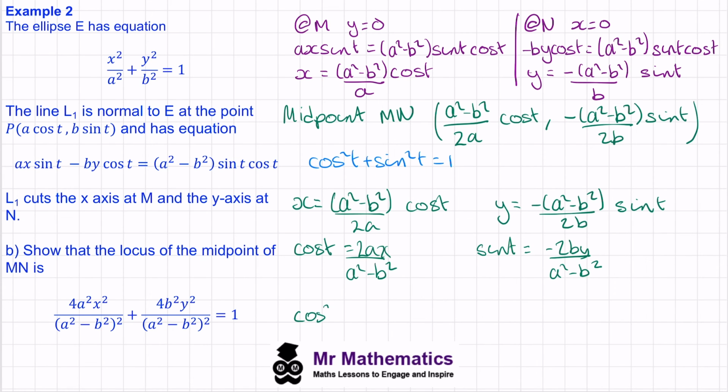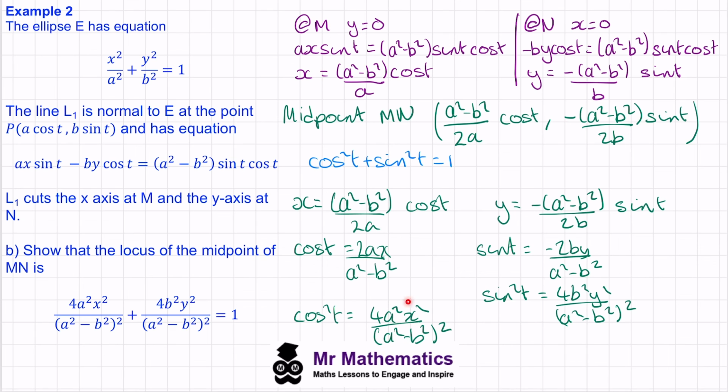So cos squared t will equal 4a squared x squared over a squared minus b squared all squared. So sin squared t will be, this negative 2 will become positive 4, so 4b squared y squared over a squared minus b squared all squared.